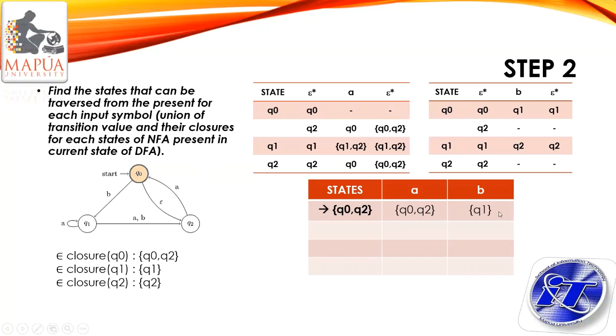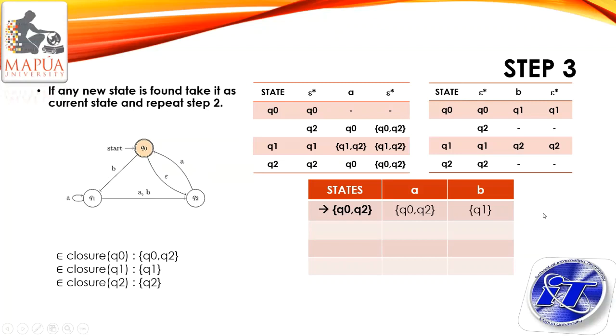Our new state is Q1. At Q1, at A, it will go to Q1, Q2, and if it's B, it will just go to Q2. So our new states are Q1, Q2, and Q2.